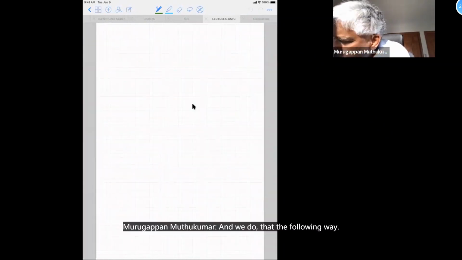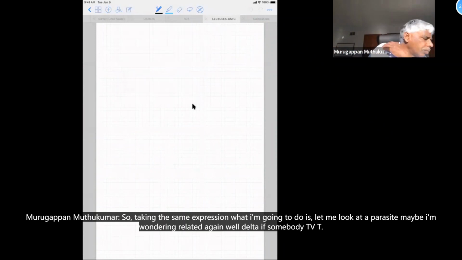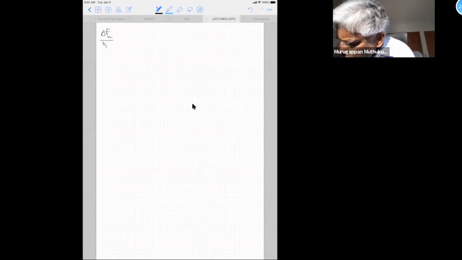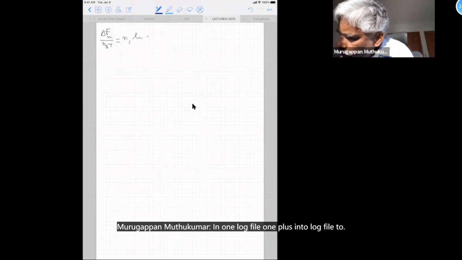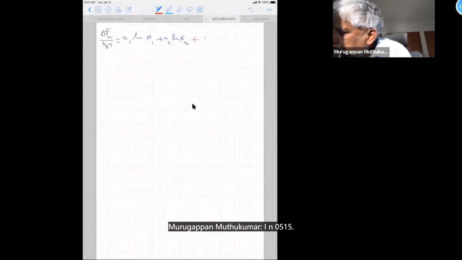And we do that in the following way. So taking the same expression, let me look at it per site. Maybe I'm going to rewrite it again. Delta Fm by kBT equals N1 log phi 1 plus N2 log phi 2 plus chi N0 phi 1 phi 2.